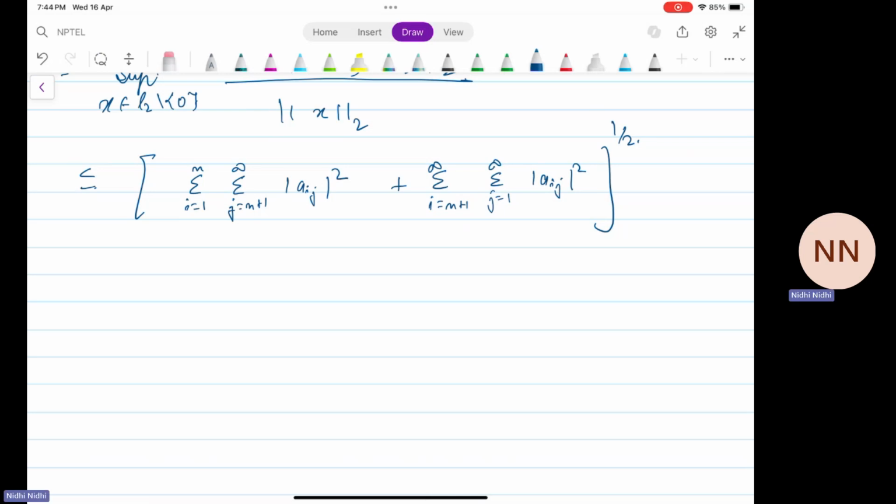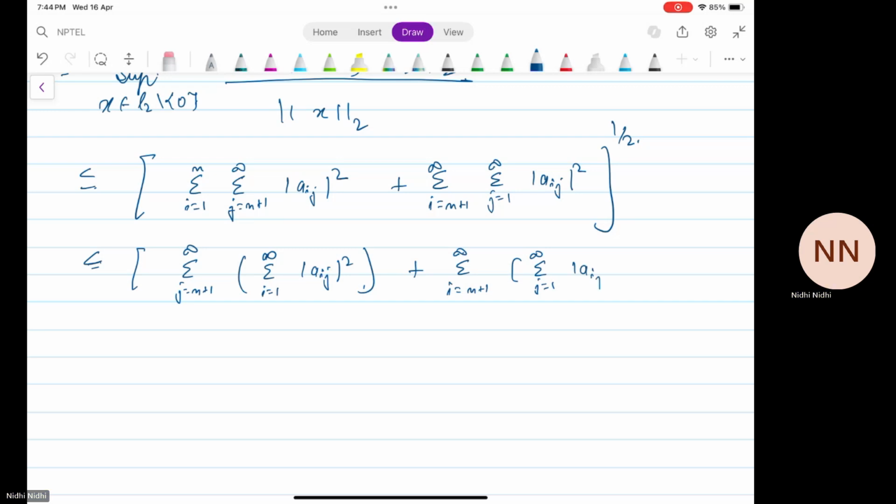So I can write it as summation j from n plus 1 to infinity summation i from 1 to n a_ij square, plus summation, taking this as it is, summation j from 1 to infinity a_ij square, whole to the power 1 by 2.